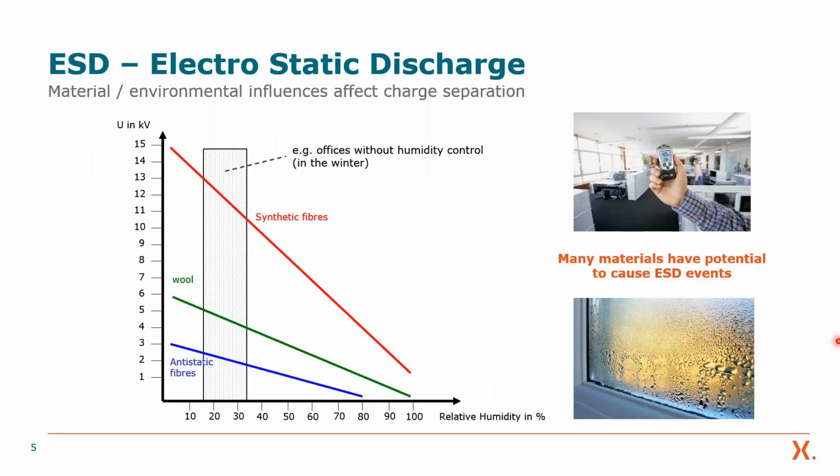Some more background about the environmental influences. You see here a graph where the y-axis represents the voltage in kilovolts and the x-axis represents the relative humidity. And what we see is that different materials, different influences have different potential for ESD.